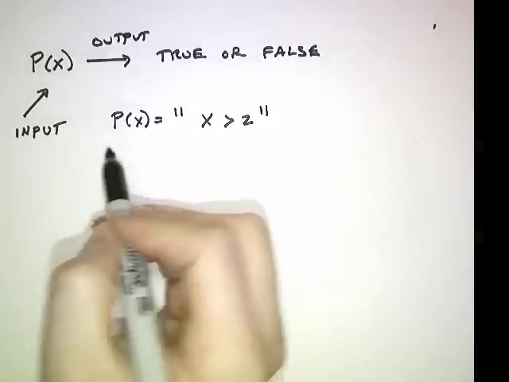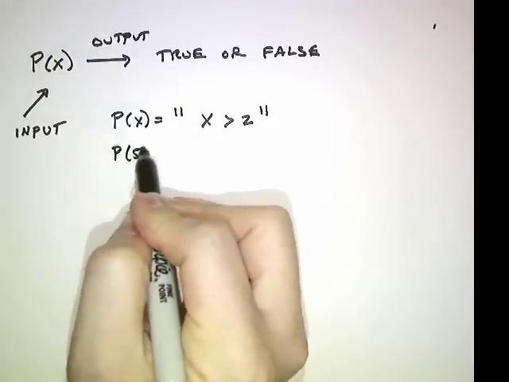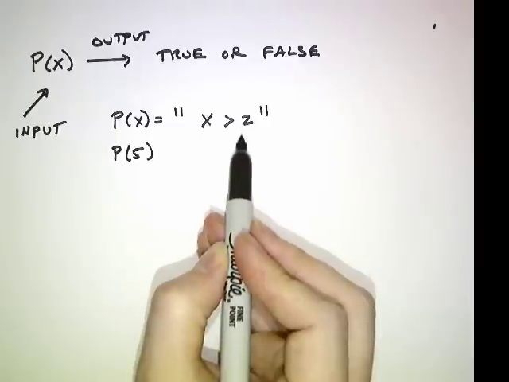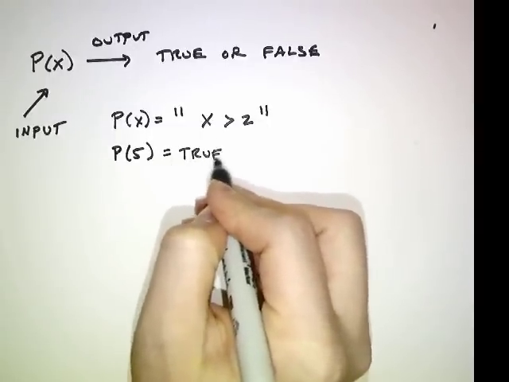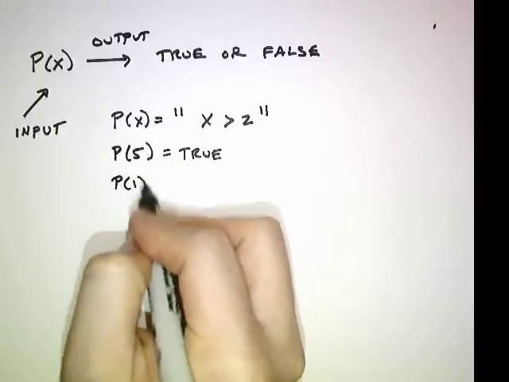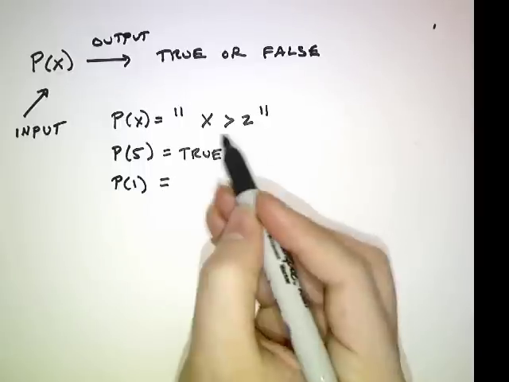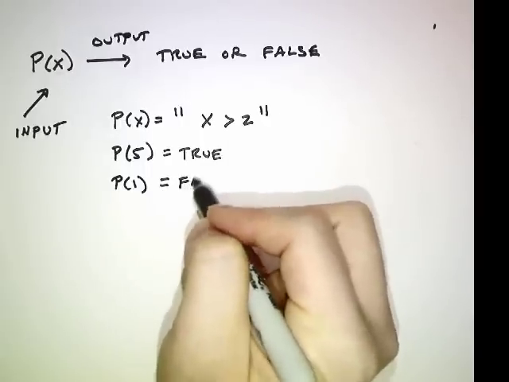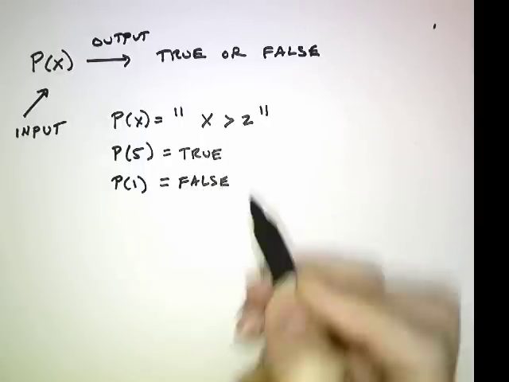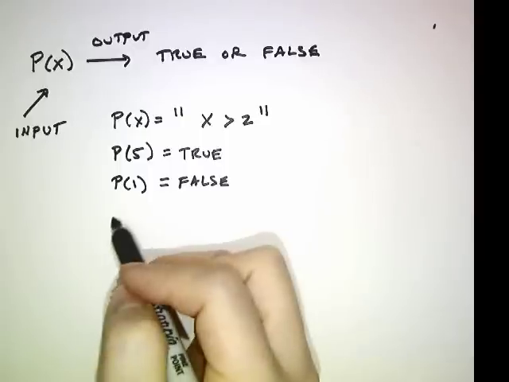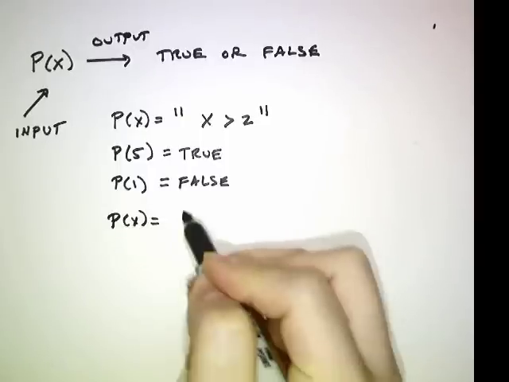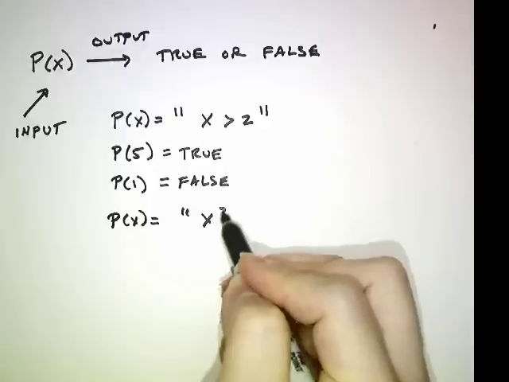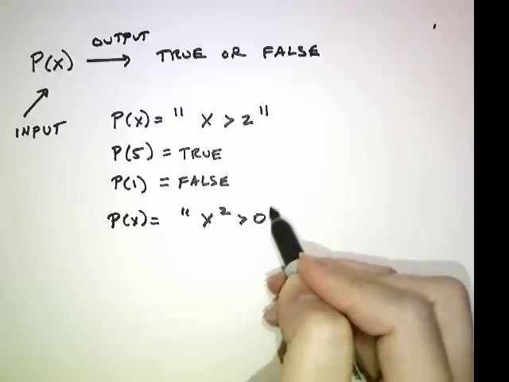Okay? Now, what is p of 5? Well, is 5 greater than 2? Yes, so p of 5 is true. And how about p of 1? Well, is 1 greater than 2? No. That's false. How about p of x equals x squared is greater than 0?